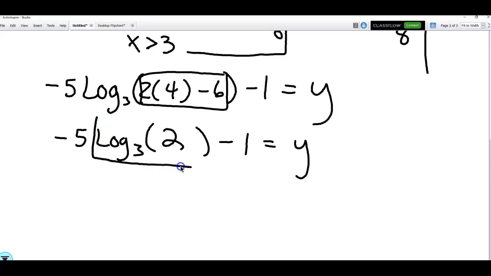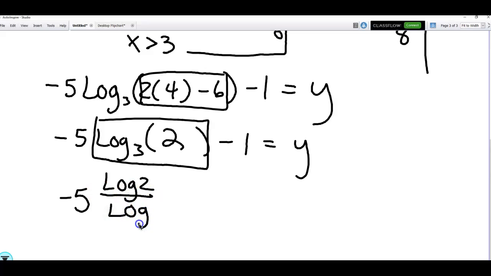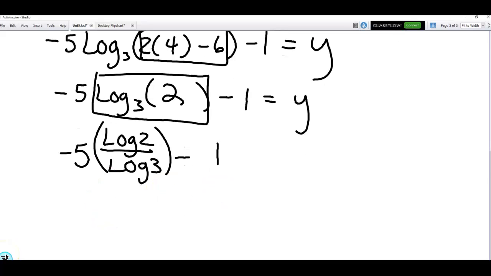And then we're going to take care of the log. For that, you need your change of base, right? So that's going to be log 2 over log 3. That's the change of base.